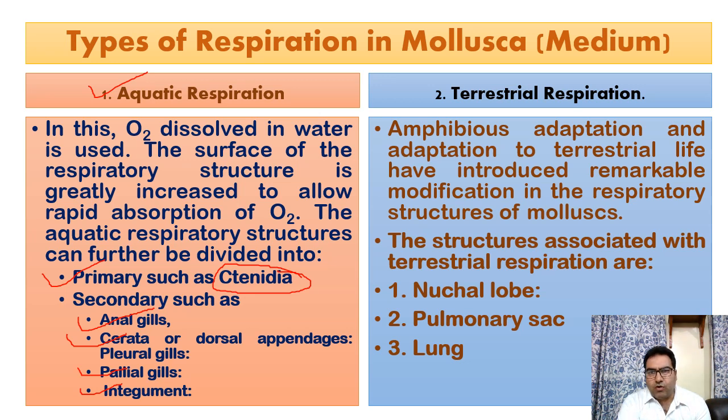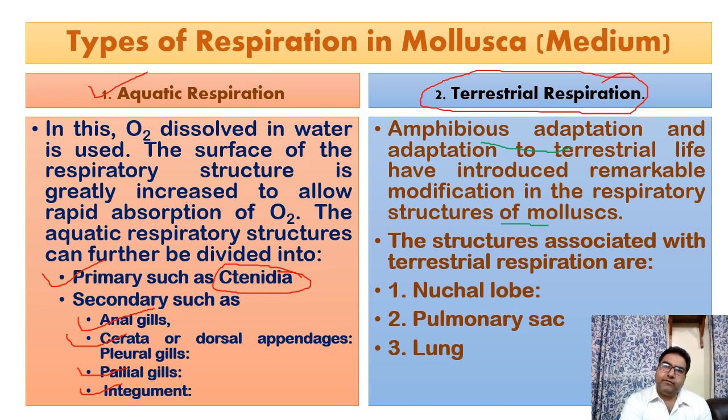So when we talk about the terrestrial respiration, it is also called the amphibious adaptation, and the adaptation to the terrestrial life has introduced remarkable modification in the respiratory structure of the mollusk.